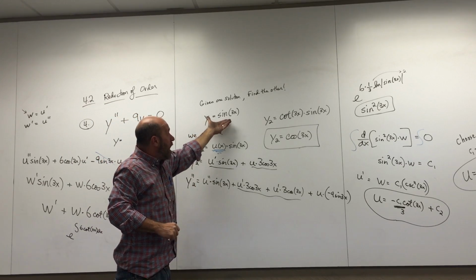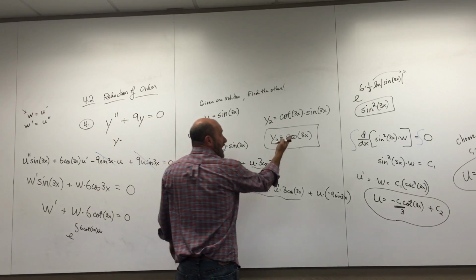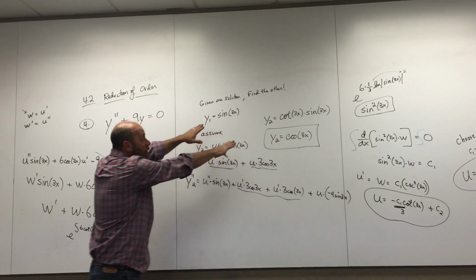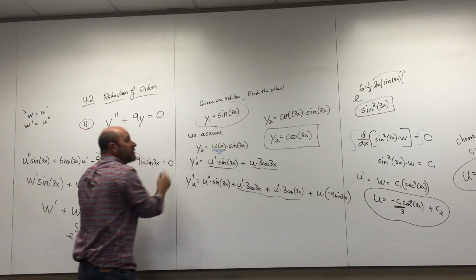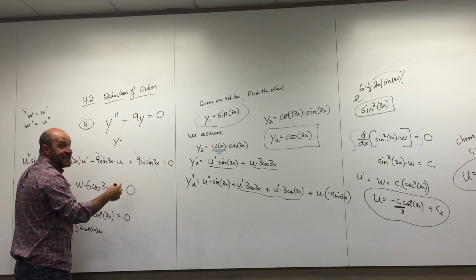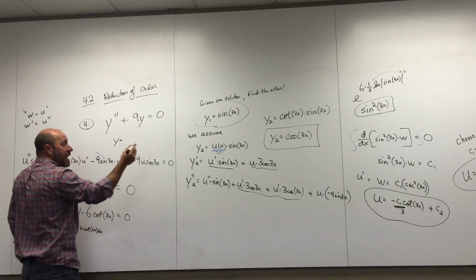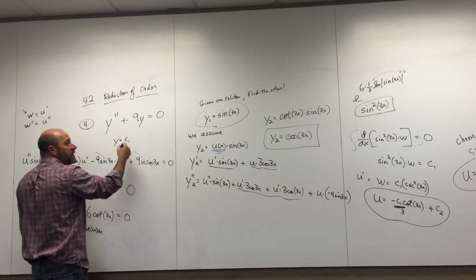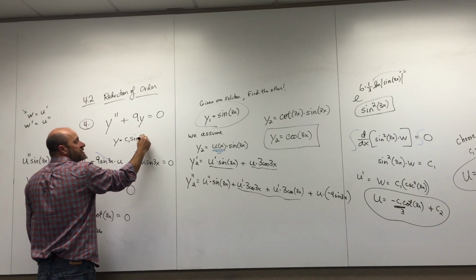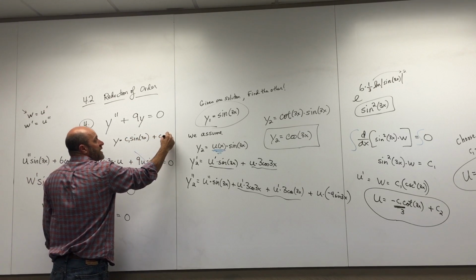So they gave me one. I went through this long struggle to find the second one. Now that I got both of those, I can write the general solution, and when I do, I put a new C1 in here: C1 sine of 3x and C2 cosine of 3x.